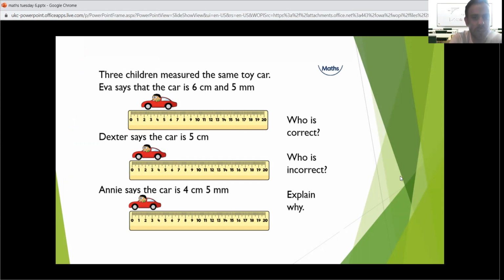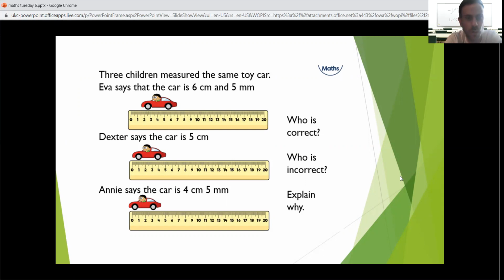Eva says that the car is 6 centimeters and 5 millimeters. Okay, that's what she thinks. Dexter says the car is 5 centimeters. There it is. Annie says the car is 4 centimeters and 5 millimeters. And there's Annie's car and ruler as well. So we've got three cars.